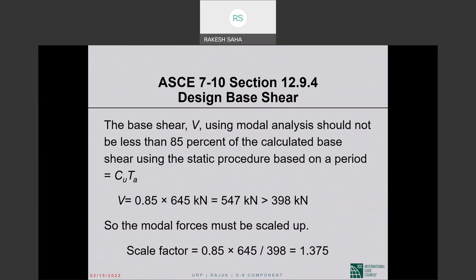So everything has to be scaled up by 547 divided by 398, which comes to 1.375. Okay, so once again, the dynamic base shear of 398 is smaller than 85% of static, which is 547. So the modal base shears that we calculated have to be scaled up by the ratio between 547 and 398, which is 1.375.